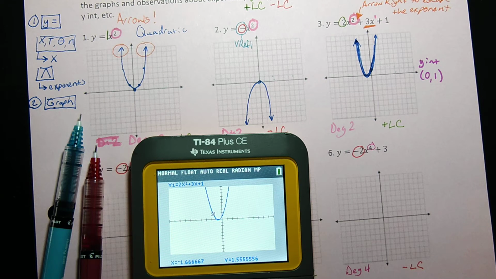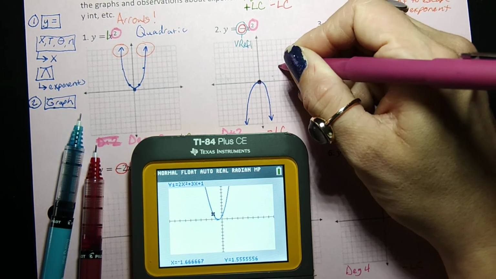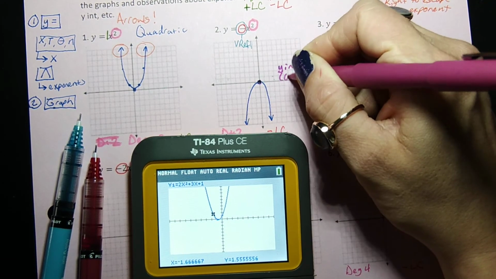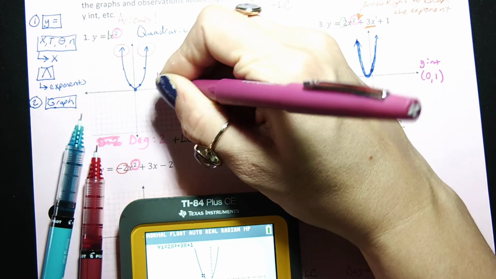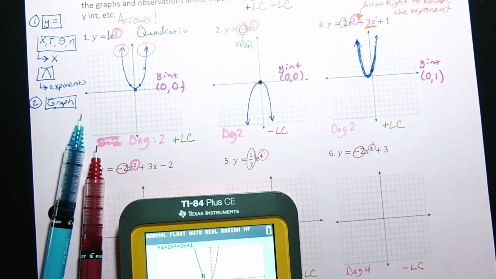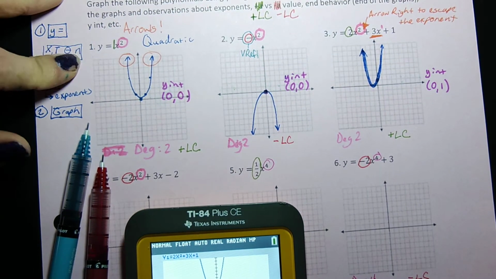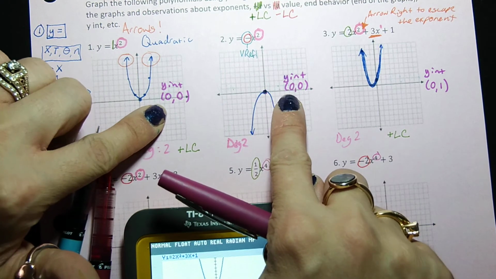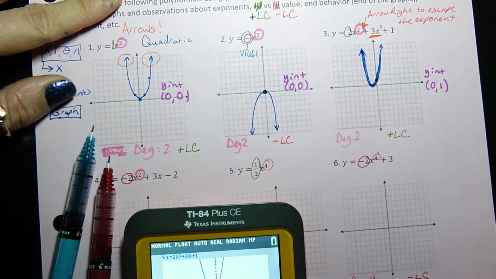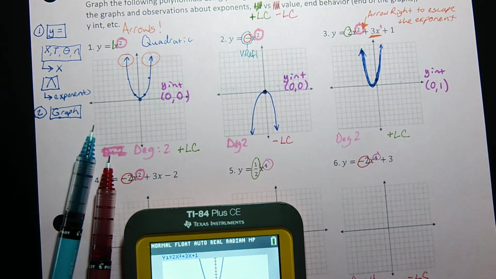Where is it hitting the y-axis and also the x-axis? 0, 0. So here, my y-intercept is 0, 0. And here, my y-intercept is 0, 0. Interesting. So these two simpler equations, y-intercept of 0, 0, this more complicated one had a y-intercept of 0, 1.